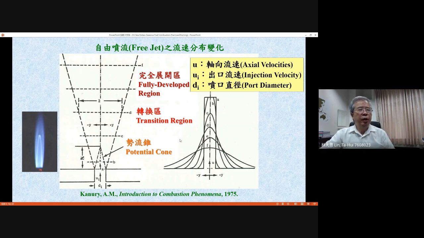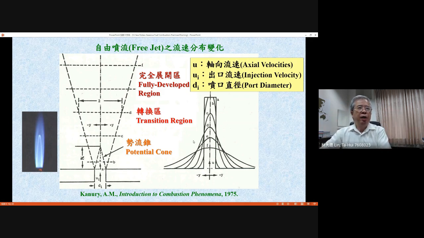And when you use this kind of non-dimensionalization, meaning you try to neglect the geometric effect, then after E, or maybe after F, this is a real velocity distribution. But when you do the non-dimensionalization, you will find the velocity distribution will be the same.